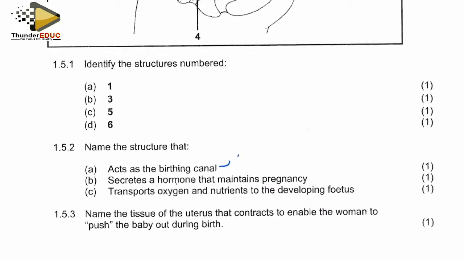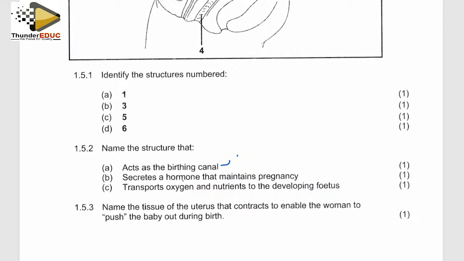Remember we said yesterday that the placenta takes over the function of the corpus luteum before 12 weeks, but after 12 weeks, then the placenta is the one being used. So the corpus luteum produces progesterone from the time it is formed until 12 weeks. After 12 weeks, it is the placenta which takes that function. So the answer here is the placenta.